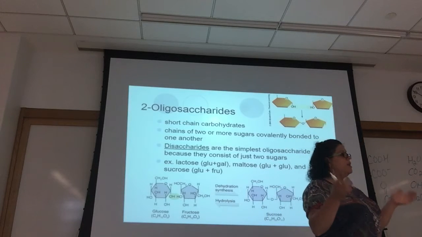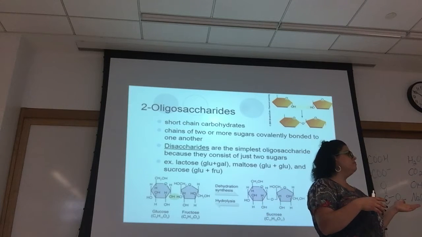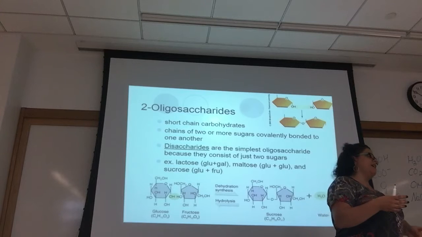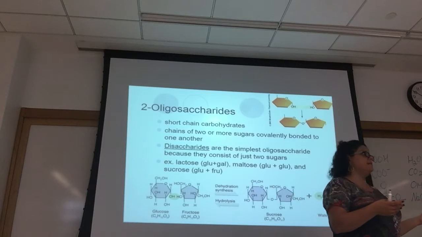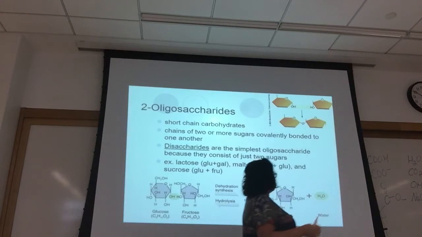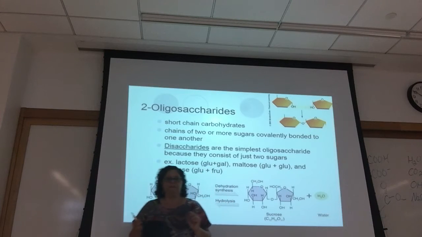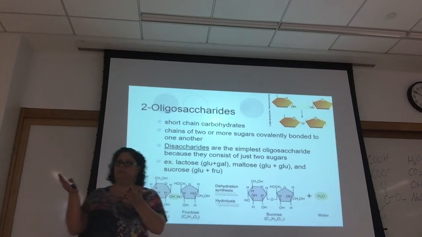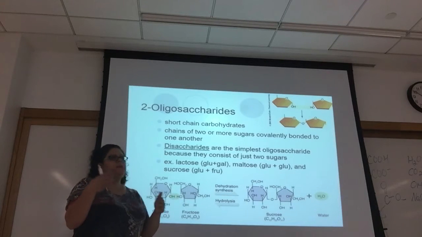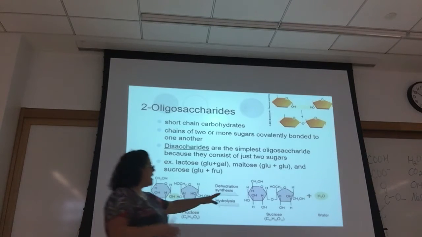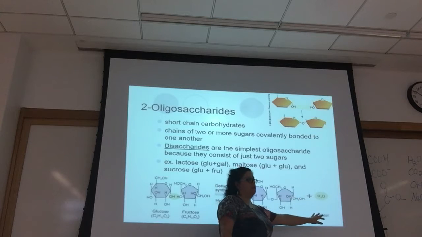I would say for oligo, 2 or 3. I wouldn't show you really anything other than disaccharides for this. But this is considered an oligosaccharide.